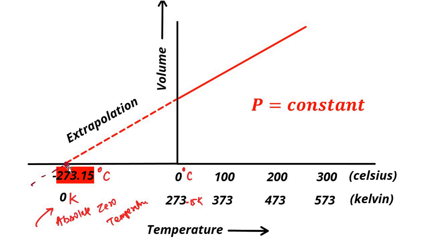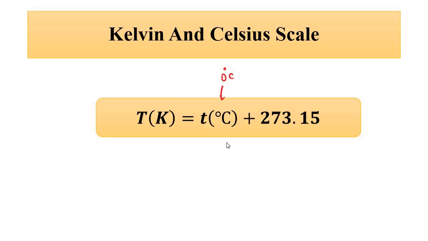At this point all molecular motion stops, and beyond this we go towards negative volume, which is a meaningless concept. That's why it is the final point, called the absolute zero temperature. Always remember this relationship between the Kelvin and Celsius scale interconversion.